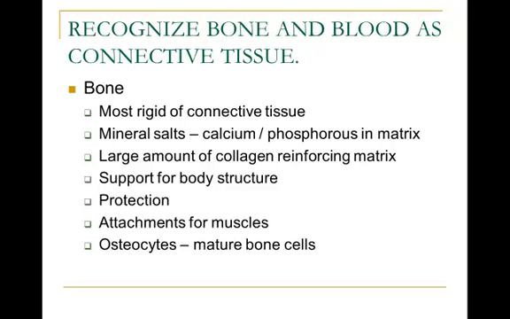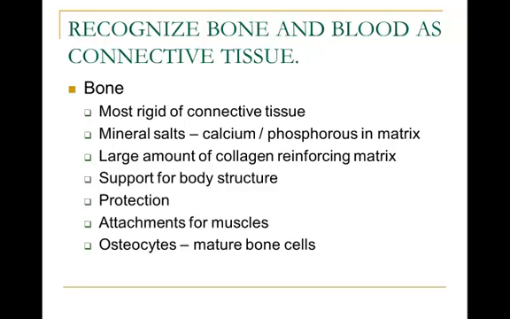It's the most rigid because when it's creating its matrix, we also deposit mineral salts in it, calcium and phosphorus. Our bones really are like the steel girders of our body. It creates structure. When they're building a bridge, they put a lot of steel reinforcement around the concrete, and that's really how I imagine bones to be, creating the structure.